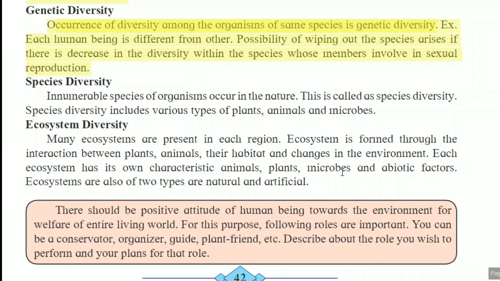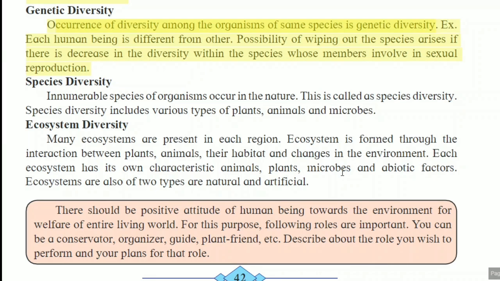That is, the forest ecosystem is a different one. Certain types of plants and animals are present in the forest ecosystem: the animals and plants which are suitable to that environment can survive in that type of ecosystem. In the aquatic ecosystem, different types of animals and plants are there.